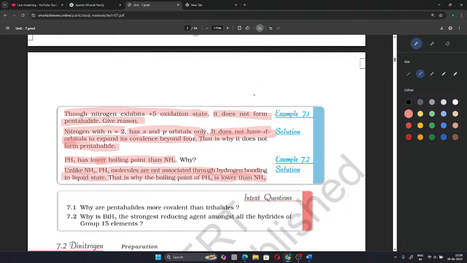Hydrogen bonding: if this is an NH3 molecule and this is another NH3 molecule, there will be intermolecular hydrogen bonding because nitrogen is a highly electronegative element. This hydrogen bonding will increase the boiling point.